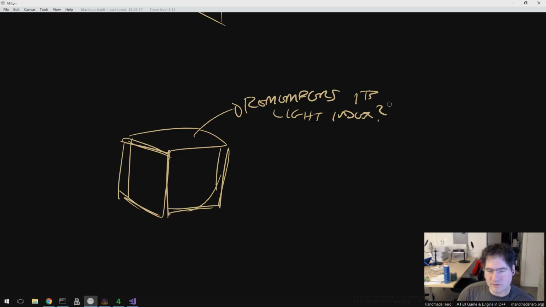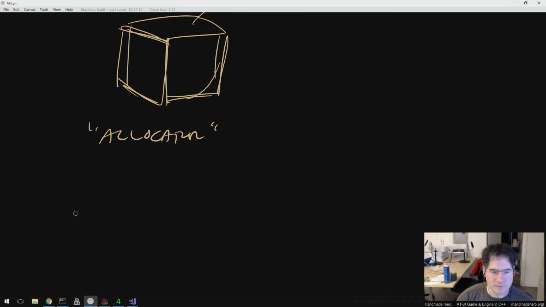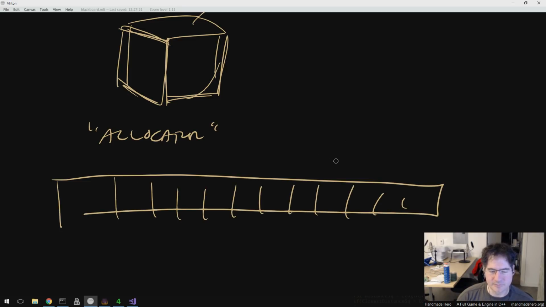If I want to do this, then I have to have something that remembers what light indexes are used on a particular frame, so that things that are new for this frame don't use light indexes that are still being used by something in the frame. So you can imagine this is like an allocator, where you have some big block of lighting chunks.